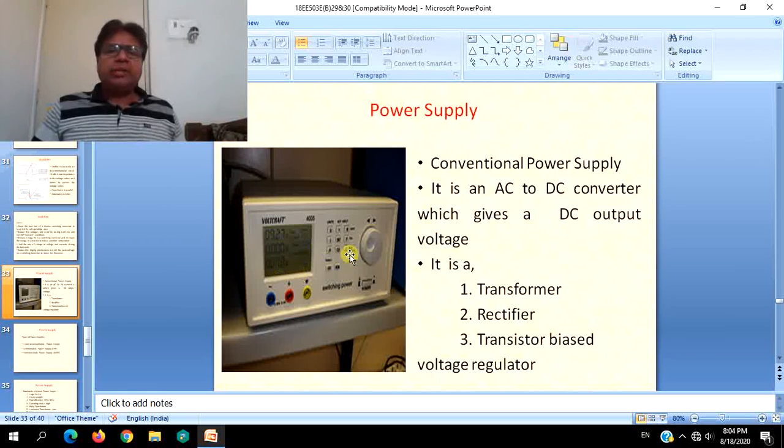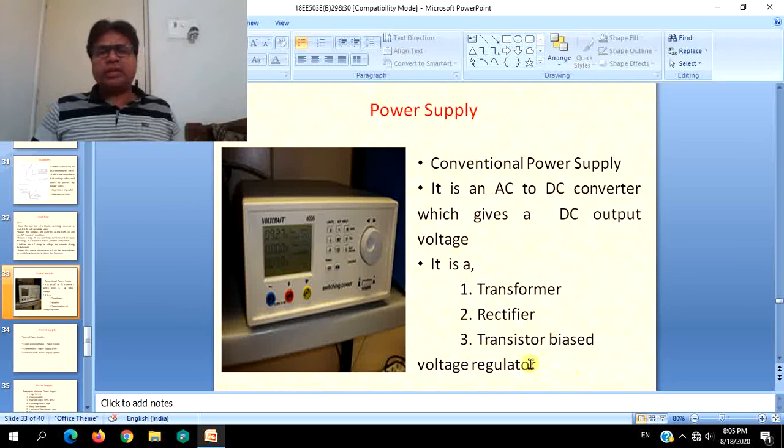But it may have many features like change of voltage by rotating the knob, selection of different features, and a digital display to see various values. In this particular voltage source they are provided, but without these features also it may be a simple voltage variable power supply. It is nothing but a transformer, rectifier, and transistor based voltage regulator.